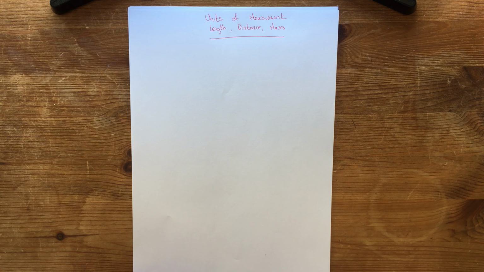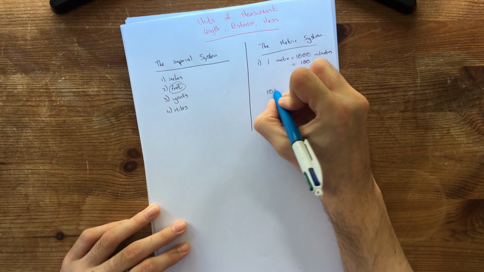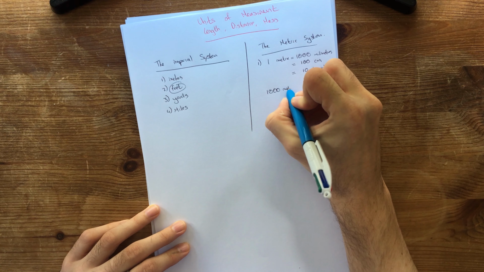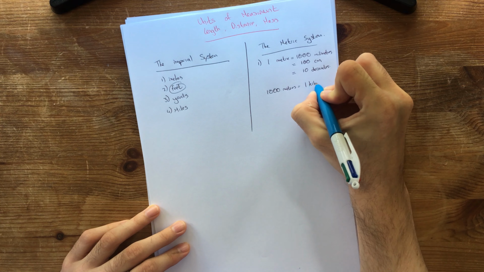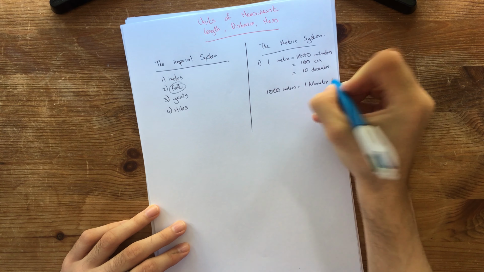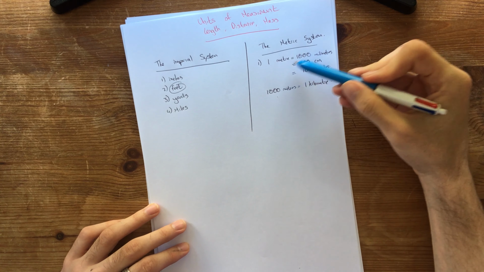Or also it's equal to 100 centimeters, I'm just going to put cm, and 10 decimeters, which we don't really use. And then the other important one is 1,000 meters is equal to 1 kilometer. Okay, so this is what we use mostly in day-to-day stuff.